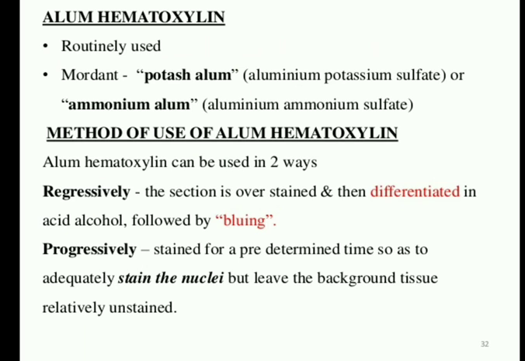Another very important point to know while learning hematoxylin and eosin stain is that alum hematoxylin can be used in two ways, regressively and progressively. Regressive staining means the section is overstained and then differentiated in acid alcohol, followed by bluing.